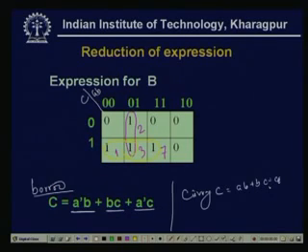Here also the same number of gates are needed, a totally similar type of structure or expression, only here one complemented variable is the input, which is my A dash. In the full adder there is no complemented variable. This is the only difference between the full adder and the full subtractor circuit.